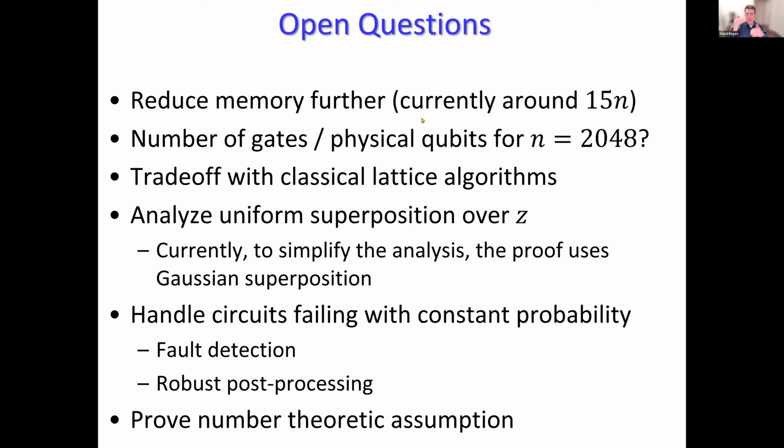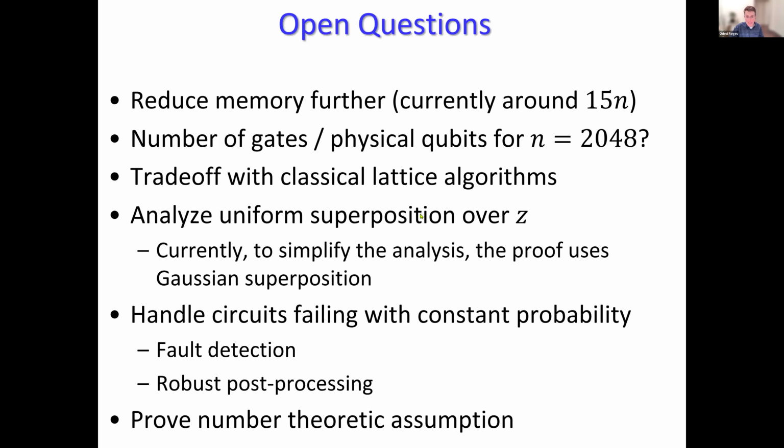So potentially you can play with this trade-off, do more calculations, better lattice algorithms, not just LLL, but more sophisticated lattice algorithms, like BKZ or even fancier things that exist today. And as a result, maybe offload some of the quantum computation to the classical post-processing. This could be quite interesting to see how this plays off.